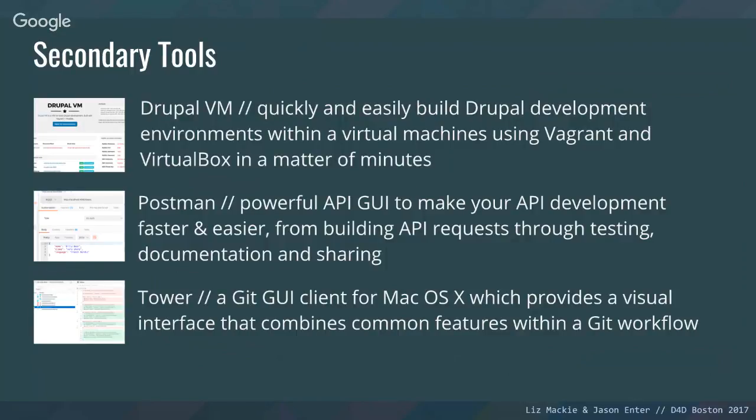Cool. So as I mentioned before, the first one, Drupal VM, is a quick and easy way. We have it built into BLT, but you can definitely use it as a standalone. It's a really useful way of getting a local site set up, having things synced up. Everything's included with a container within Ansible, and you're ready to go. For the most part, I'd say we use either that or Dev Desktop for most of our builds.